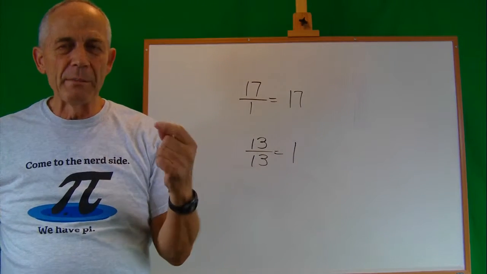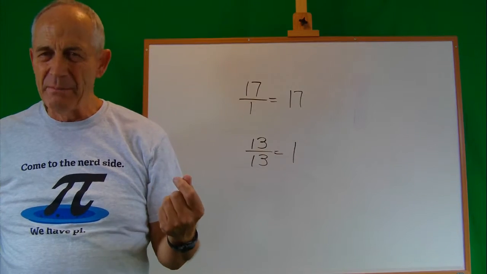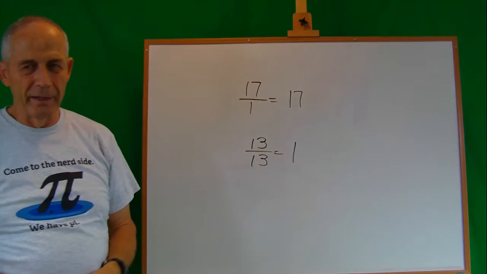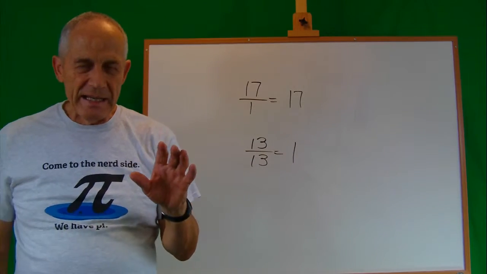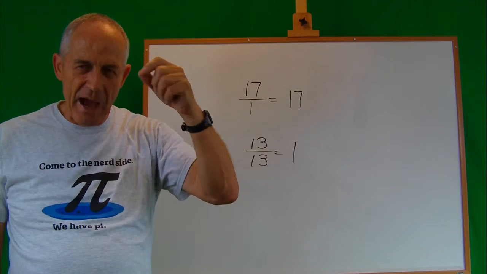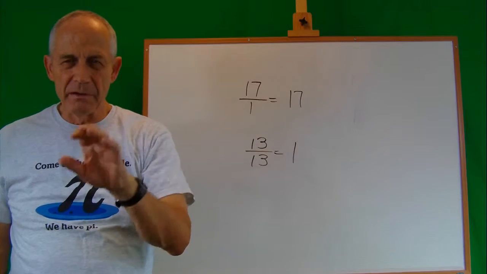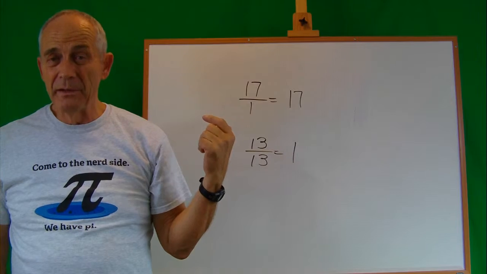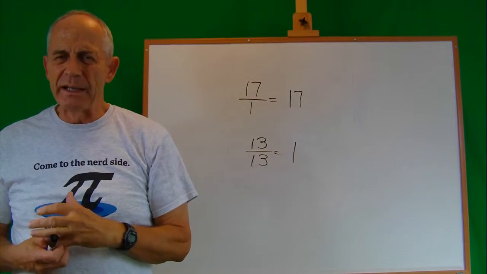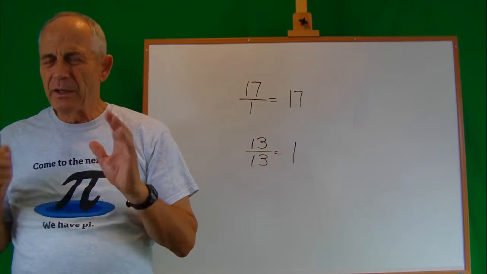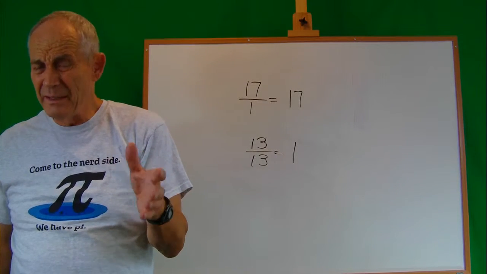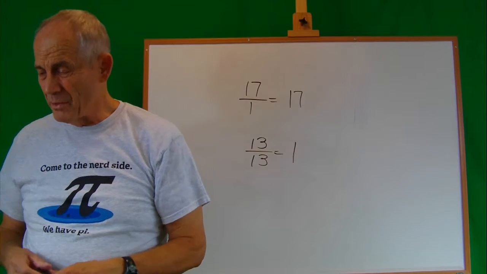No matter what number I divide by itself, it's always going to be equal to 1. So knowing that idea, thinking about how many groups of something there are in something else, makes this kind of thing quite a bit simpler. I want to give you ideas that you can use to make these things clearer and easier, so you don't have so much trouble with them.